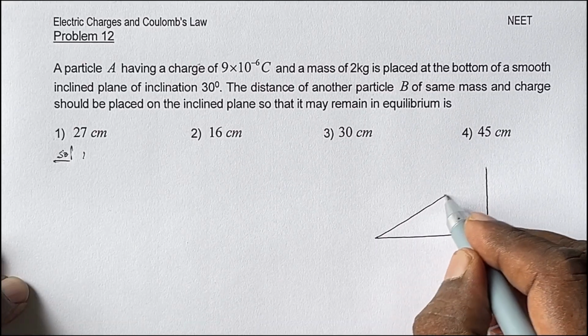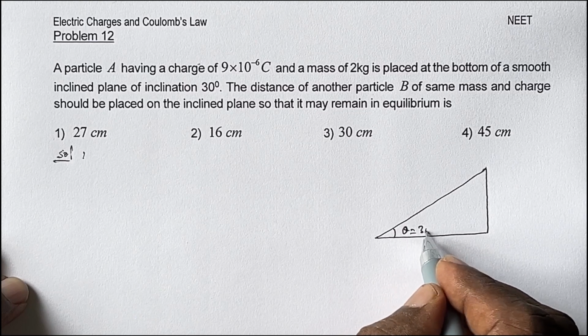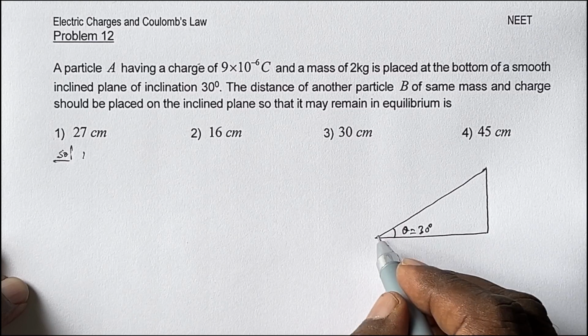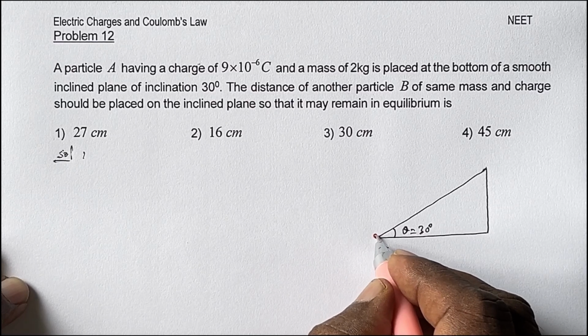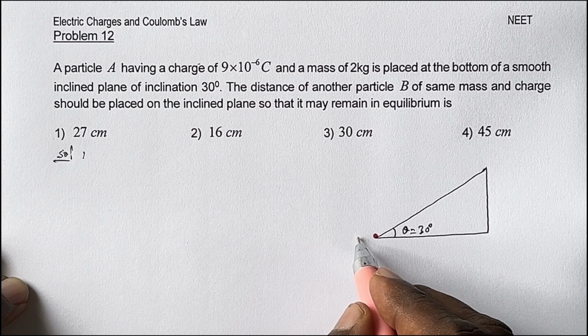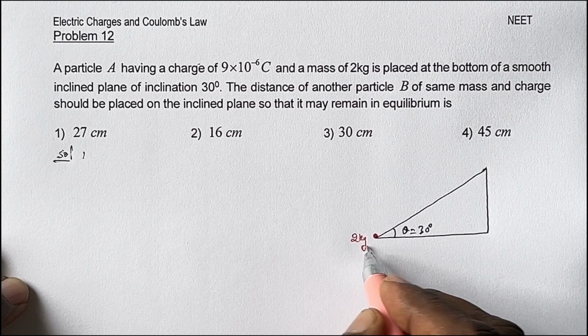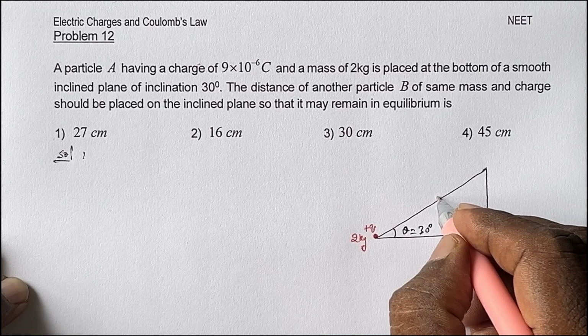This is the inclined surface. Angle of inclination theta is equal to 30 degrees. Here a particle is there, a small particle. This mass is 2 kg and charge is q. And we placed another particle here.